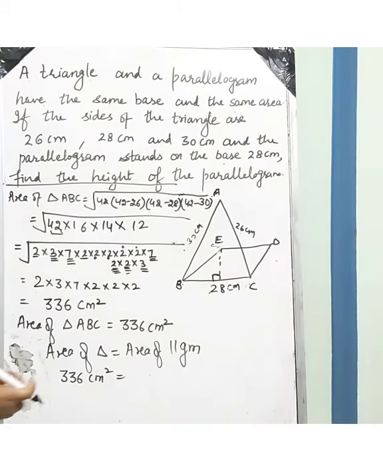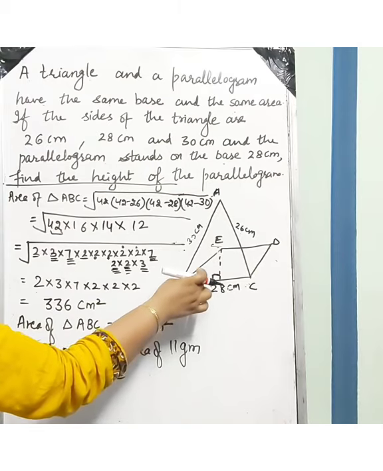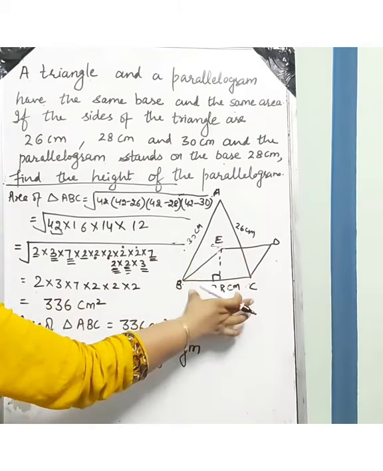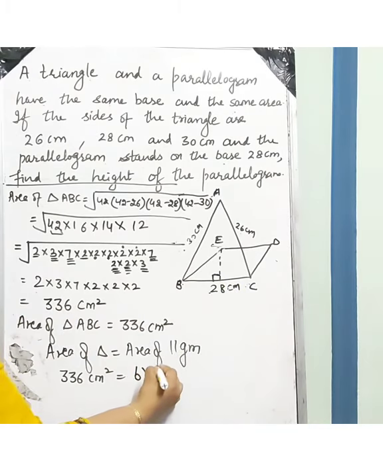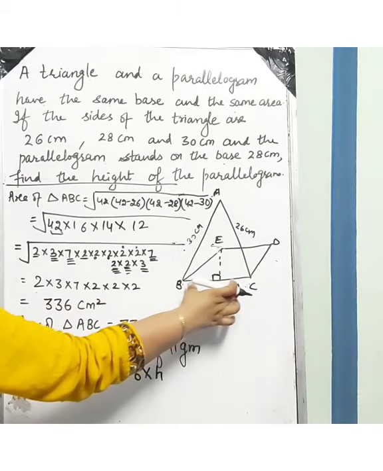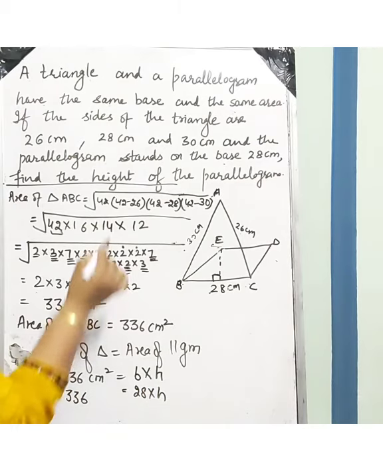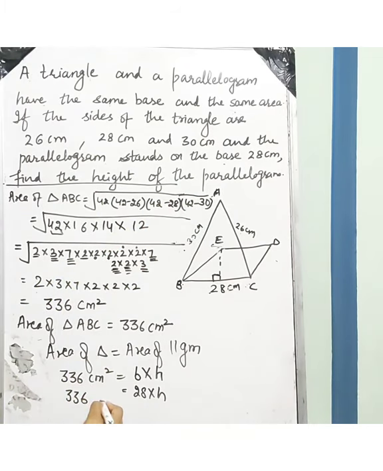And we know the formula of the area of a parallelogram. Formula for finding the area of a parallelogram is base into height. It is the product of base and height. And the base of the parallelogram is 28 centimeter. And we have to find the height of the parallelogram.